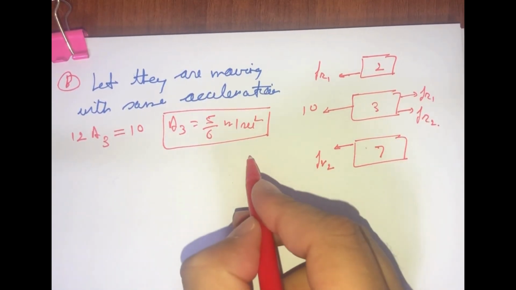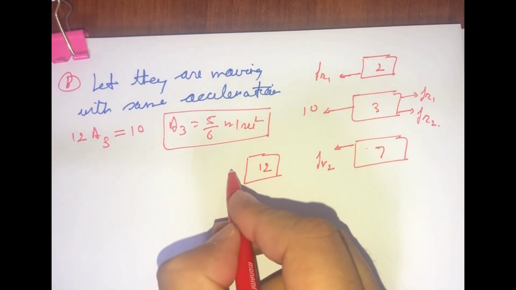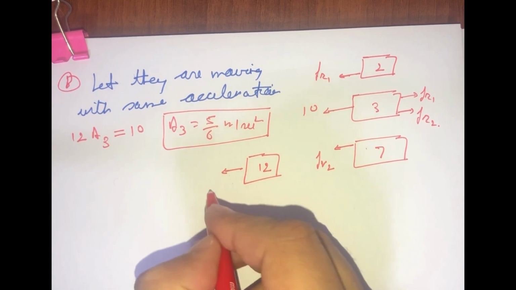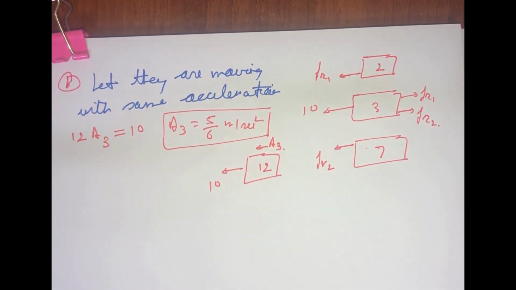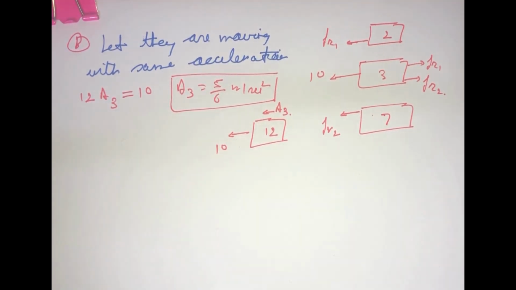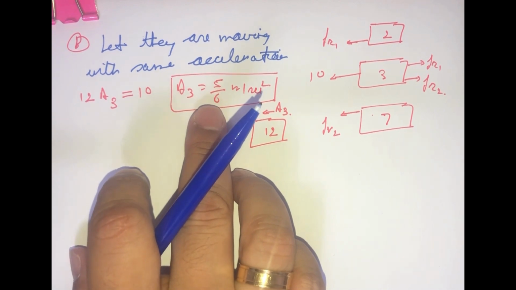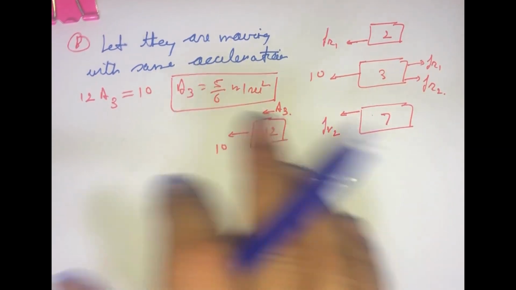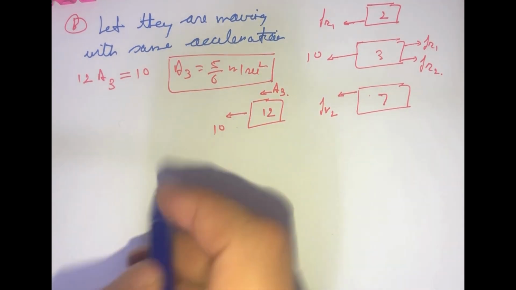And we can also draw the diagram. So we have 12 and the force applied is 10, and it is moving with the acceleration of A3. So it means all the individual accelerations should be 5/6 so that they will be traveling together. Now let us find out for individual blocks.